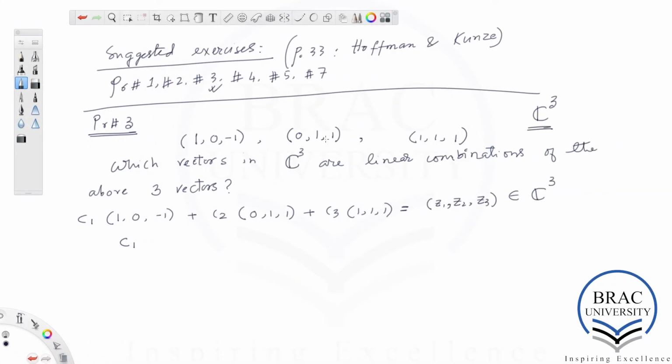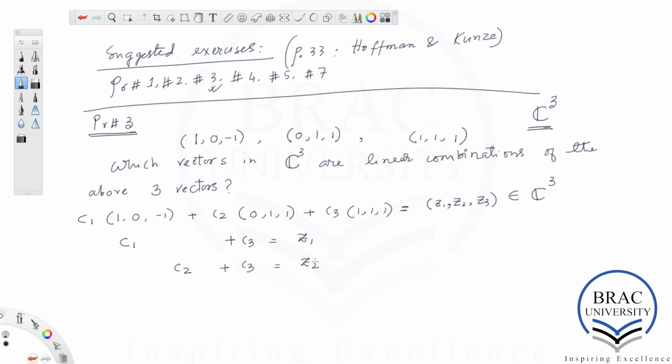So we are good. The first equation is C1 plus C3 is equal to Z1. And the second equation is C2 plus C3 is equal to Z2.